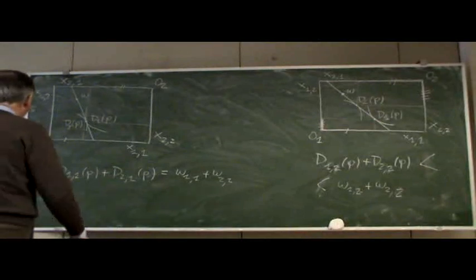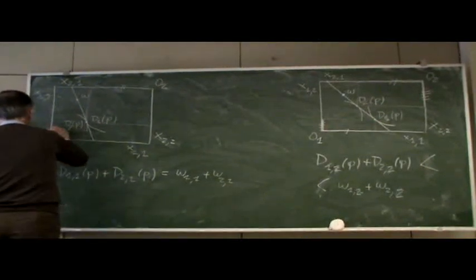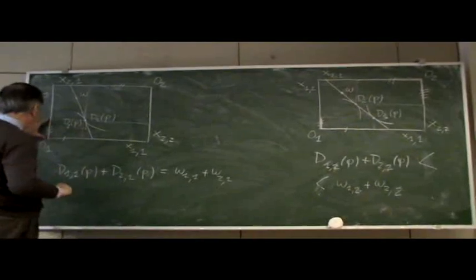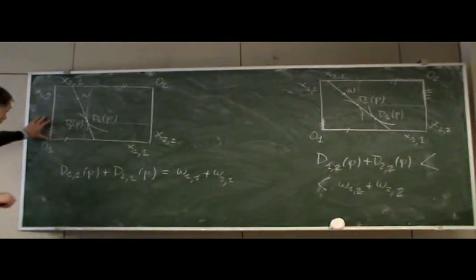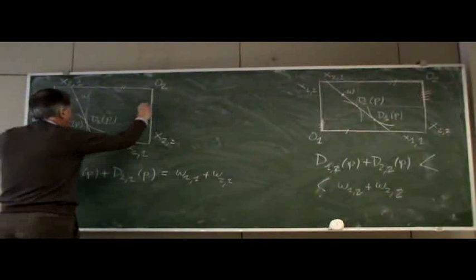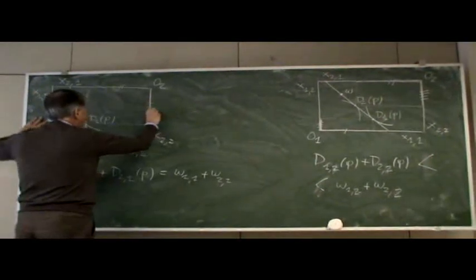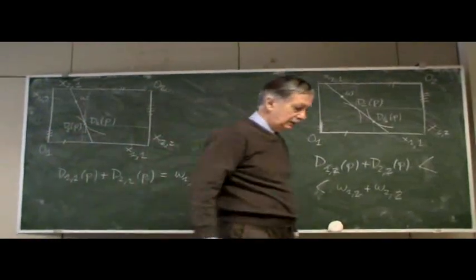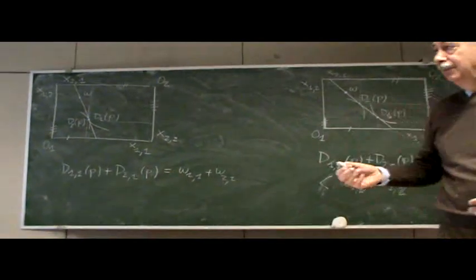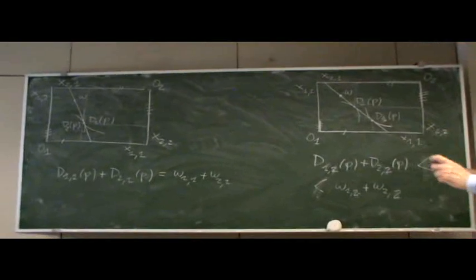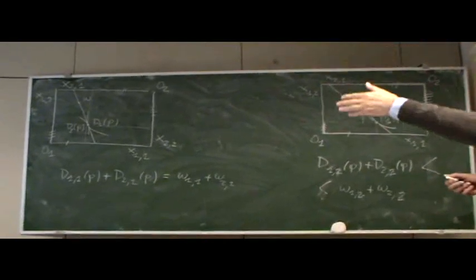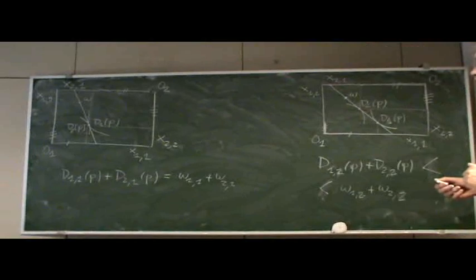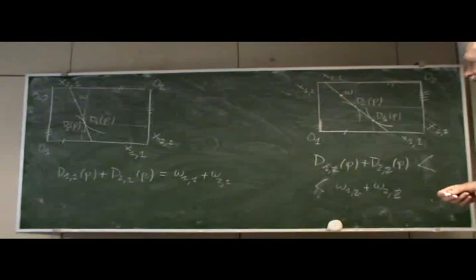The same thing holds for the second good. This is the demand of the second good by the first consumer, and this is the demand of the second good by our second consumer. Analogously, if you sum these two intervals, you obtain exactly the height of the Edgeworth box.